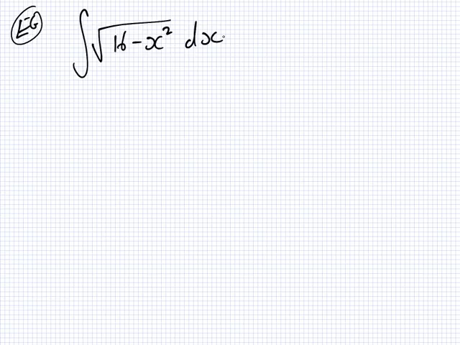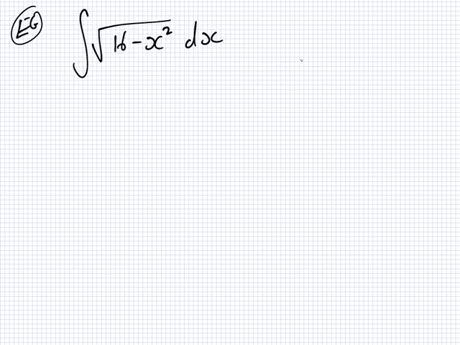Okay? So, this kind of looks like the last one I just did, except for one big difference. It's not a fraction. In the previous example, it's 1 over root 16 minus x squared. You might think, that makes it easier. In fact, it makes it harder. That's why it's the last one.